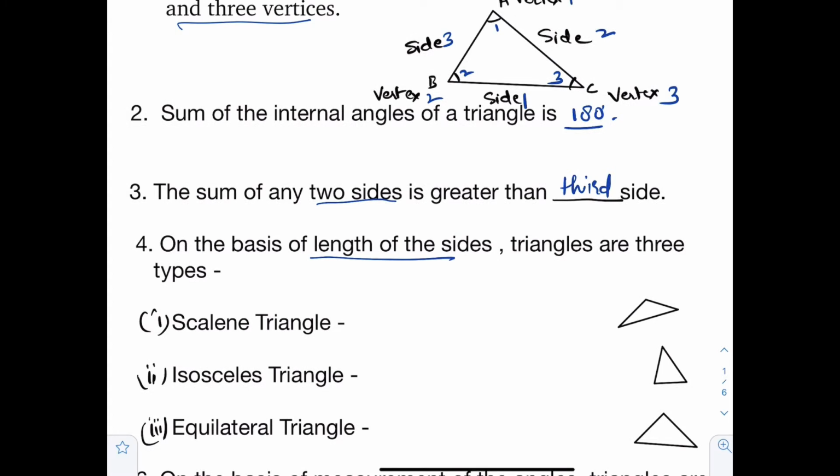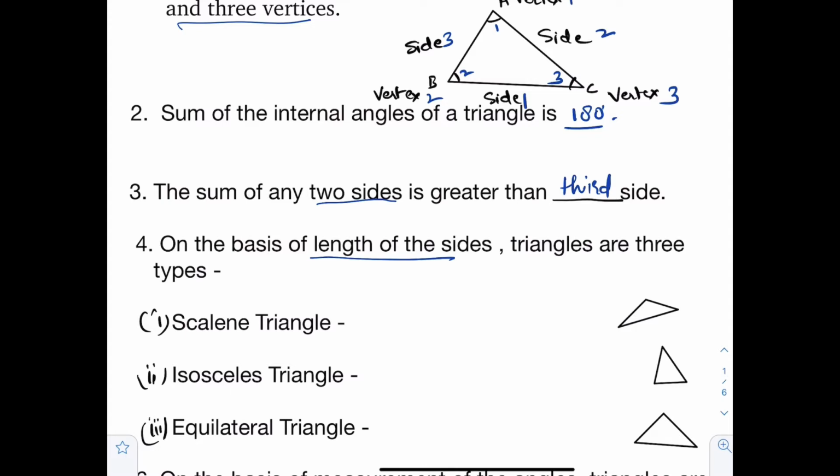triangles are of three types. First one is scalene. In a scalene triangle, all sides are different. Length of all sides are different.